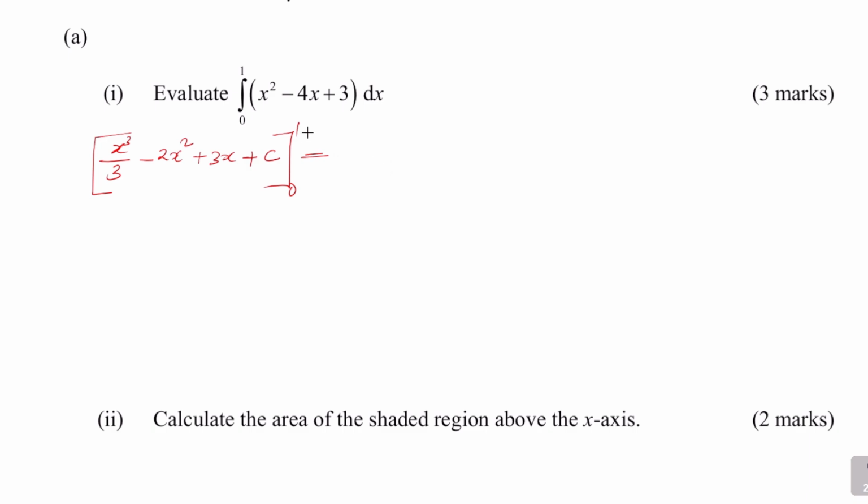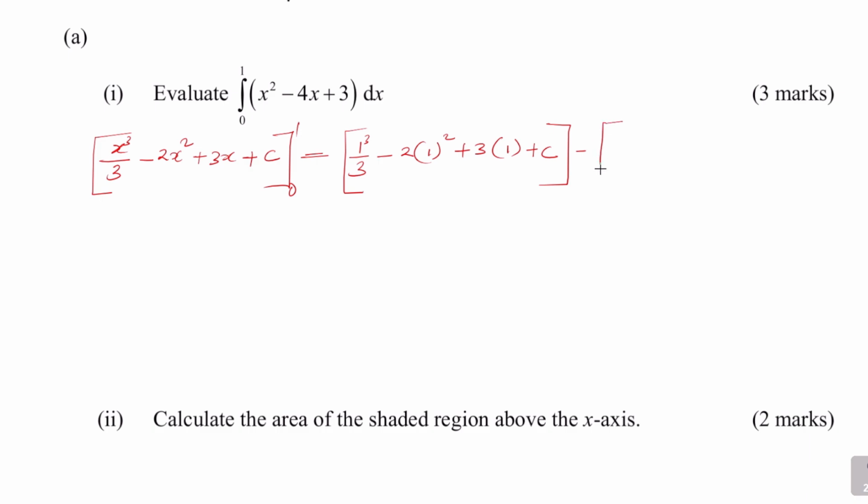From there, the next step, you substitute 1 in x. So whatever you have x, you substitute it with 1. So you shall have 1 cubed divided by 3, subtract 2 times 1 squared, plus 3 times 1, and then the constant. You don't need to indicate that constant because it will get subtracted, but it's okay if you put it, there is no harm.